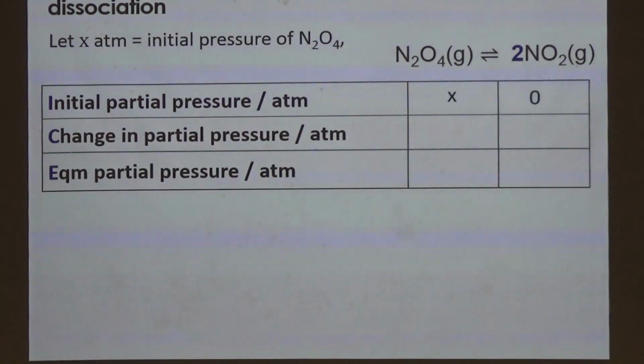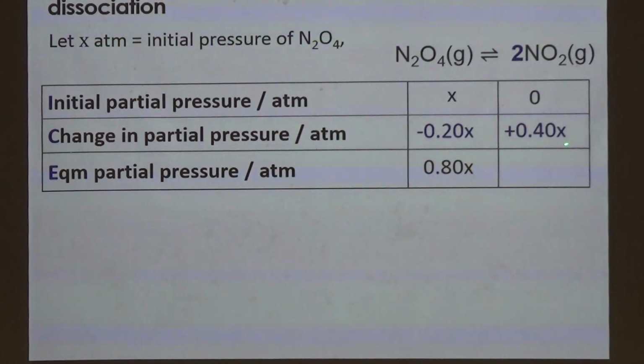So once again, you can construct your ICE table. Let x atm be the initial pressure of N2O4. So the change in partial pressure is minus 0.2x, so the equilibrium partial pressure of N2O4 is 0.8x.